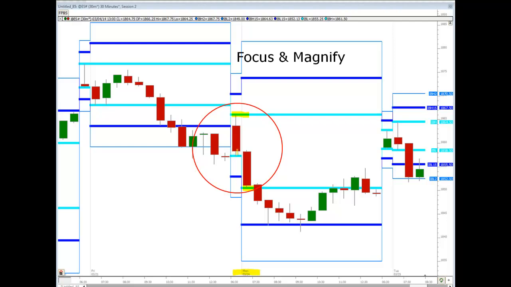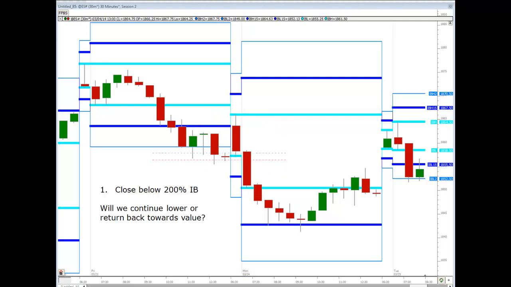We are going to compare what happened on Monday relative to what happened in the market on Friday, the prior day. So we will note that on Friday, this is the week before, here's what happened. The market ended up closing below the 200% IB. You can see right here, here's where we closed.